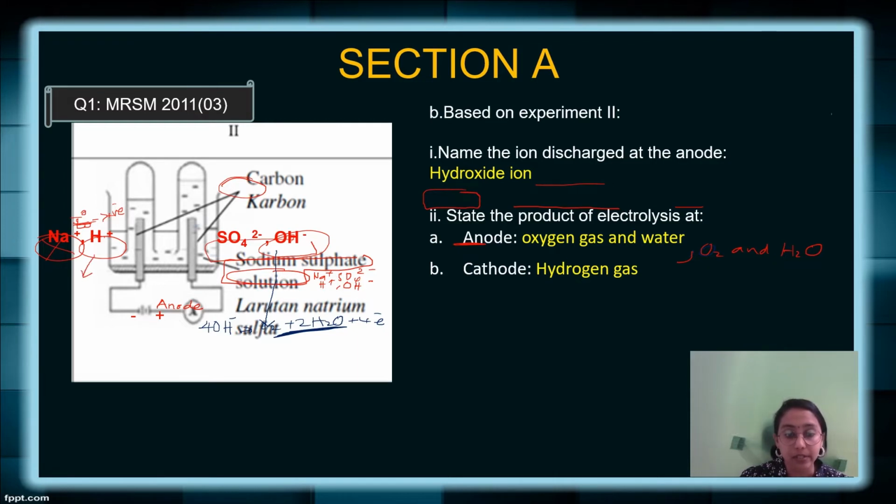When hydrogen is discharged, it has to accept electrons. Originally it was hydrogen ions, so it becomes hydrogen molecules by accepting electrons. So you balance it out. This is the half equation for hydrogen. So the product formed will be hydrogen gas.